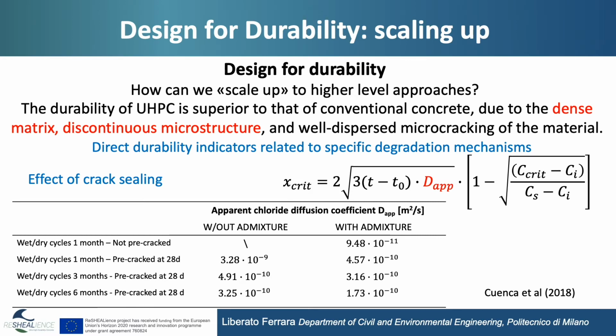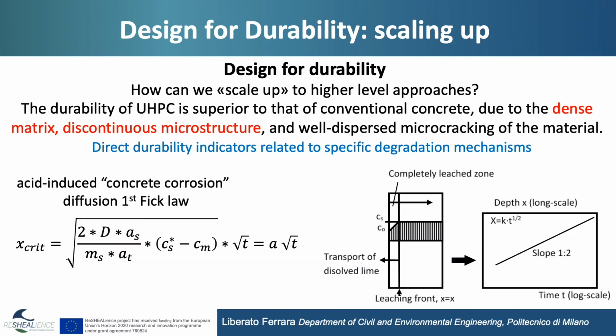Leaching is a mechanism which goes with time, with the square root of time, through a proportionality factor A. So with time, you have a layer which progressively goes inside, a layer which leaches. You can consider it as no longer efficient in guaranteeing the structural resistance, the stiffness and the other performance.